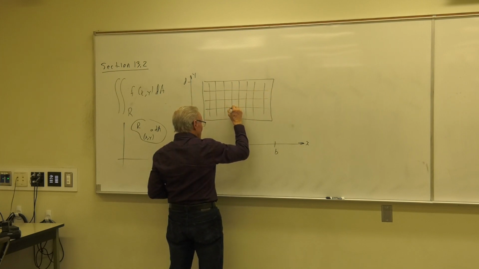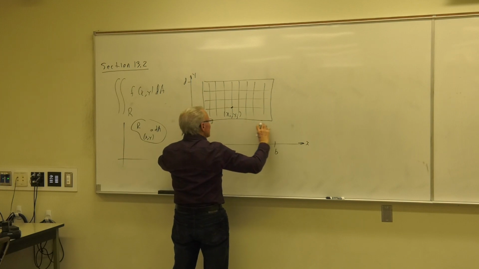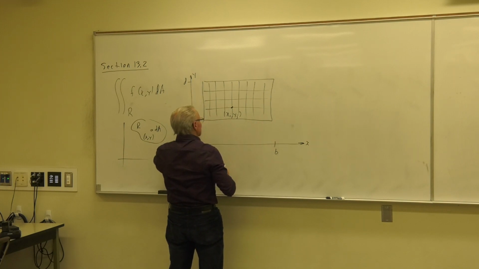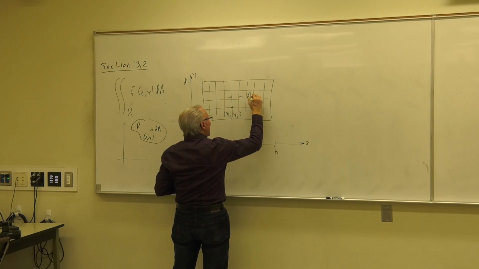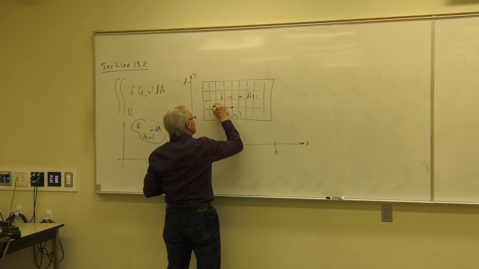At this point, call it x sub i, y sub j. So you've got n subdivisions this way, m subdivisions this way. It would call this delta x i, and it would call this delta y j.